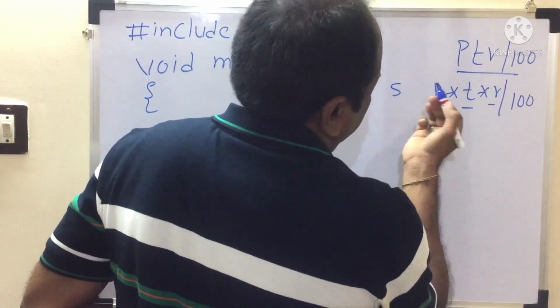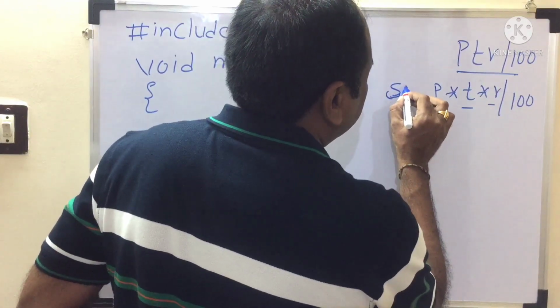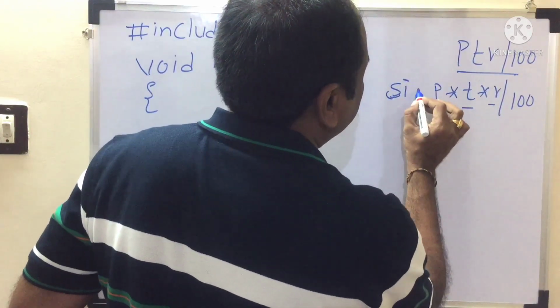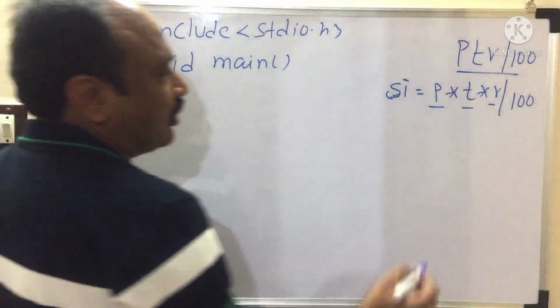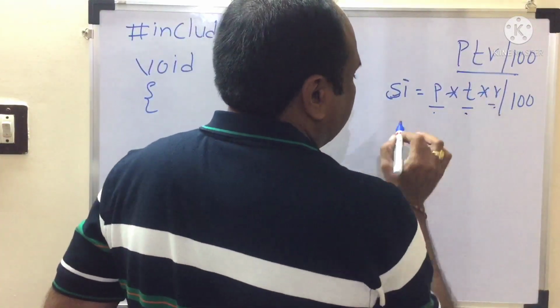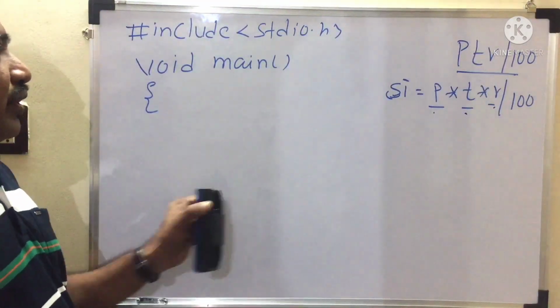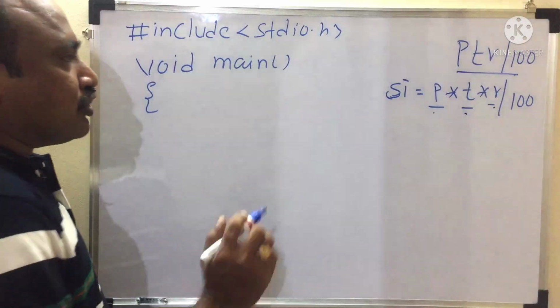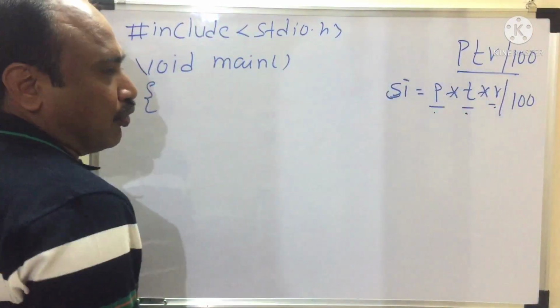The result is stored under a variable; you can use X, Y, Z. Anyhow, we are going to get simple interest, that's why I am using the variable name SI. How many variables are required? P, T, R and SI. While writing the program, first of all, we have to specify how many values we are going to use in the program.